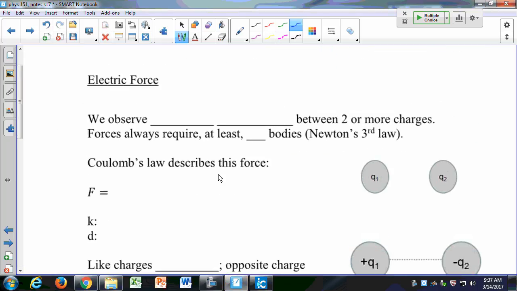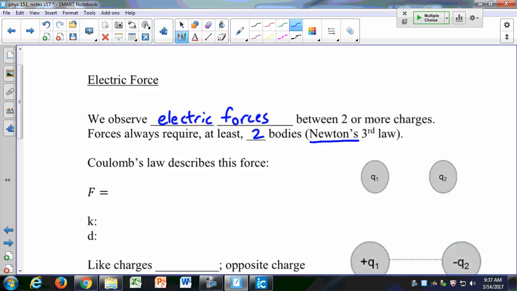All right, let's look at electric force. We observe electric forces between two or more charges. Forces always require at least two bodies, right?